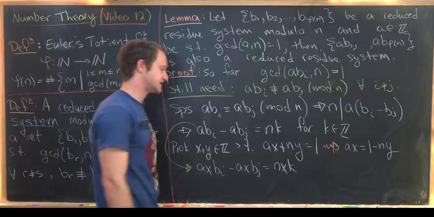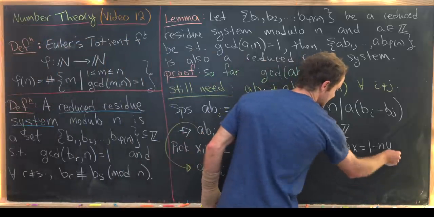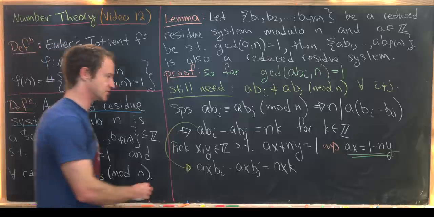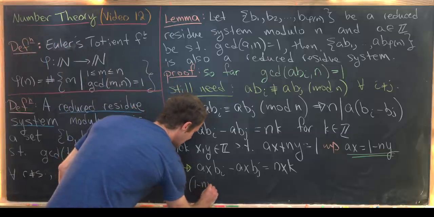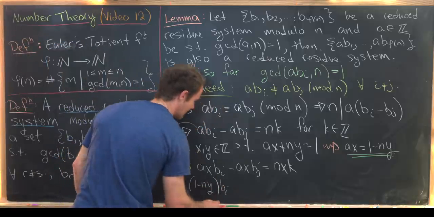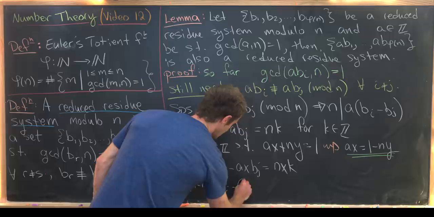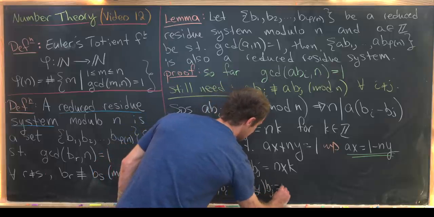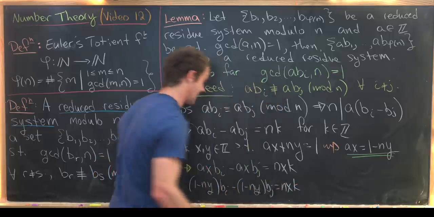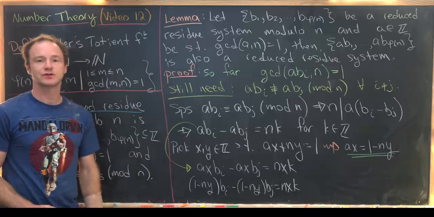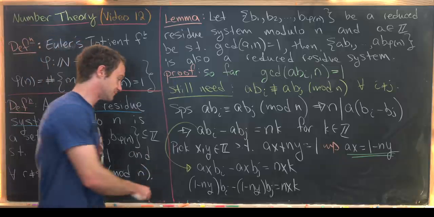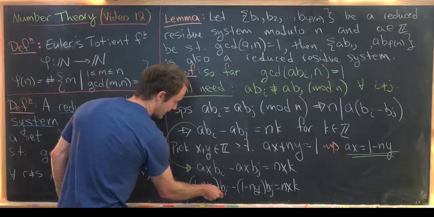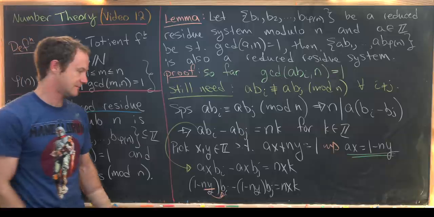But now we can do some substitution. So we'll substitute this into ax in both of these equations. So we have 1 minus ny times bi minus 1 minus ny times bj is equal to nxk. Okay, but we're about to reach some sort of problem. So let's notice that this guy will distribute through and give us a multiple of n.